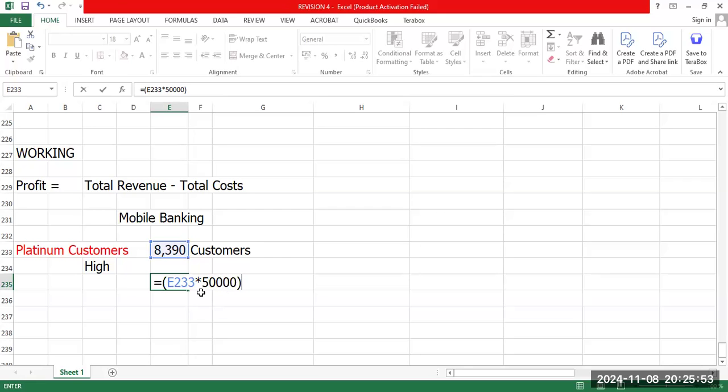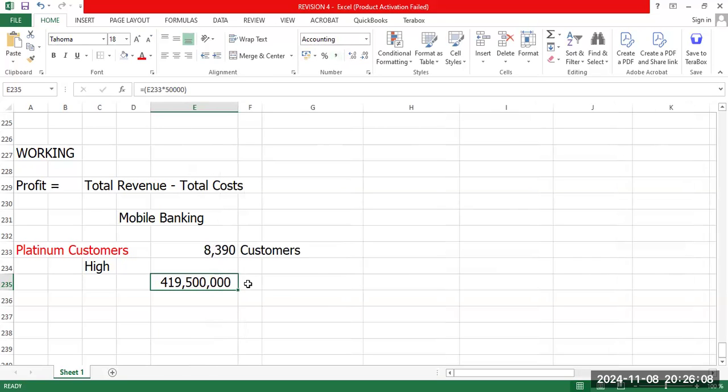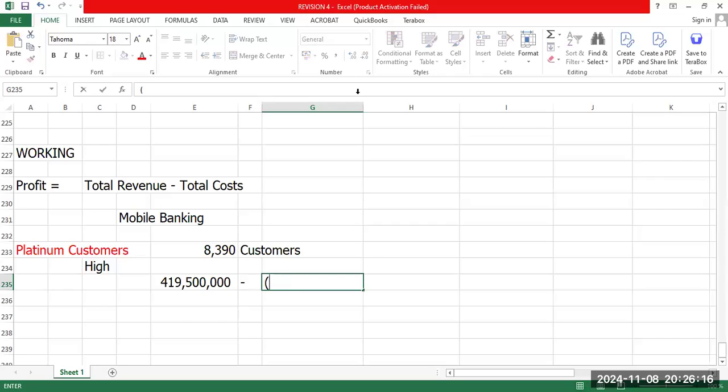$50,000. Then I subtract. What is my total cost? This is total revenue. Then I subtract. What is my total cost? Remember total costs, you get total variable cost plus total fixed costs.